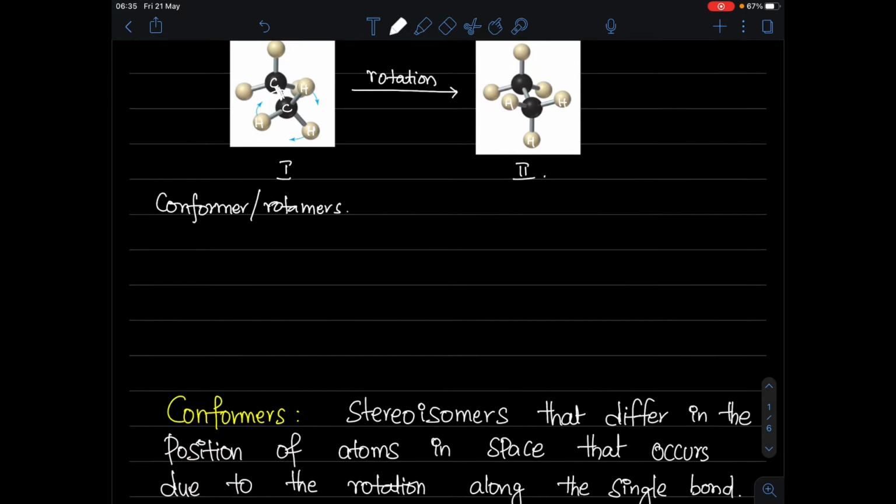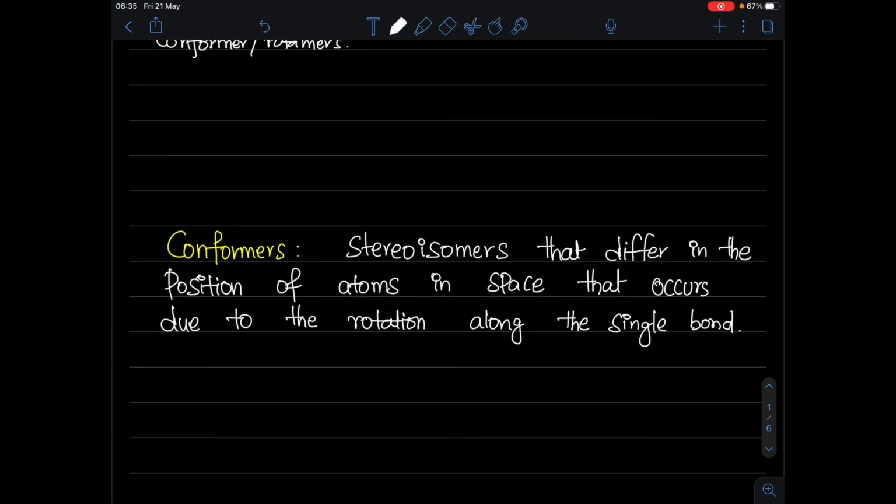If I want to define a conformer, they are stereoisomers because they differ only in the position of atoms in space. Stereoisomers that differ in the position of atoms in space due to rotation along the single bond are called conformers.